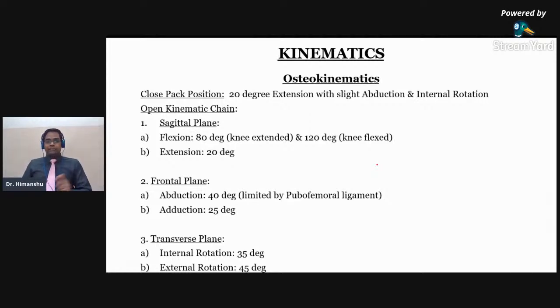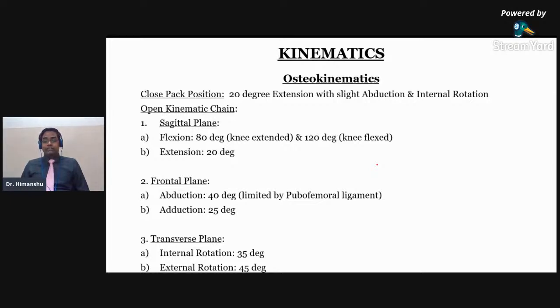Before I start anything, let us know about the close pack position. The close pack position for the hip joint is 20 degrees of extension along with some amount of abduction and internal rotation. Although whenever we talk about the classical definition of the close pack position, it says that the close pack position must have the maximum articulation of the articulating surfaces. But in this case, we do not have maximum articulation.